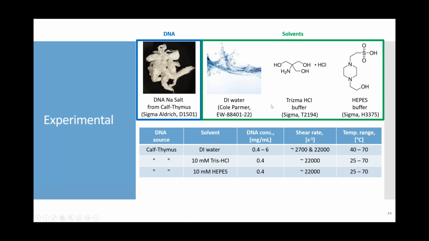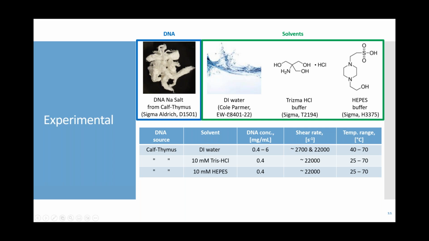Another one contained Tris-HCl buffer, and the third one contained HEPES buffer. Tris-HCl is a big component of PCR buffer, and another application is that it's used in gel electrophoresis. Now for HEPES buffer, this is widely used in cell cultures.